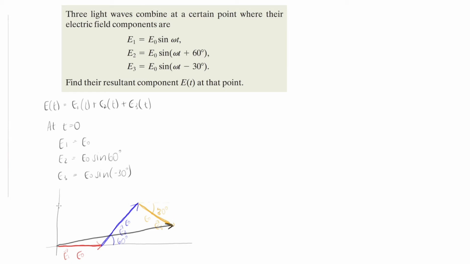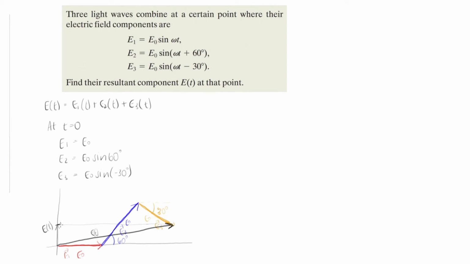So remember what we care about is the projection onto the y-axis. That's because this projection onto the y-axis varies in the same way as a sinusoidal function. So as these vary in time, this projection onto the vertical axis is going to vary in time. So this is our vector here, E_T, our resultant vector, and its projection on the y-axis is going to be E.